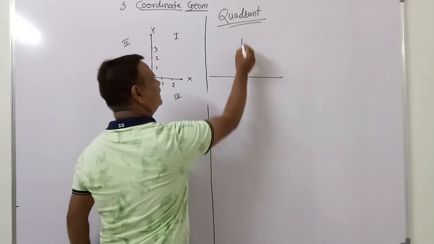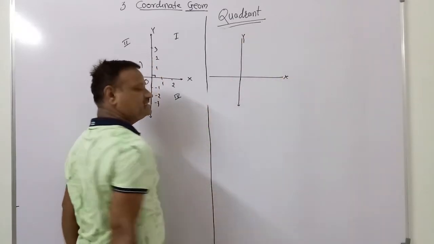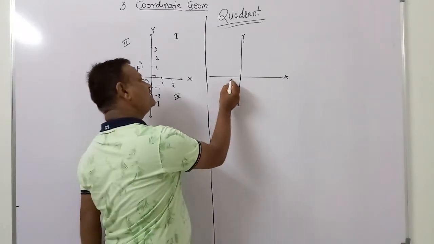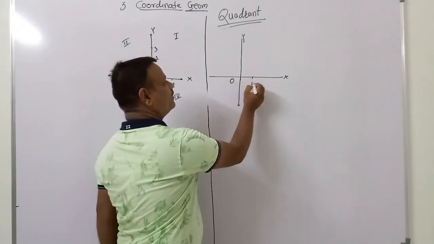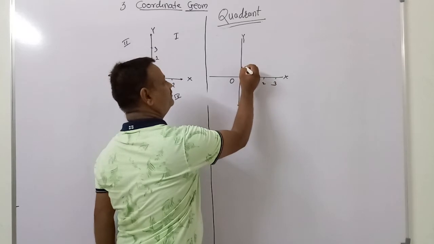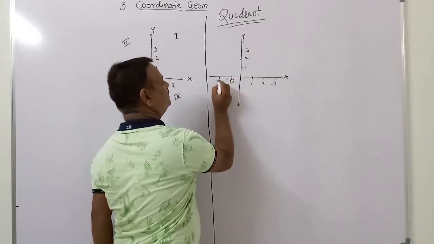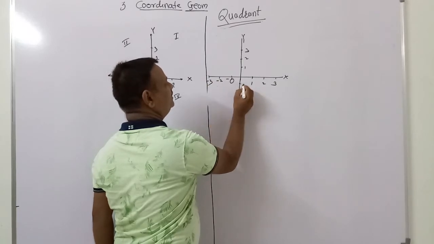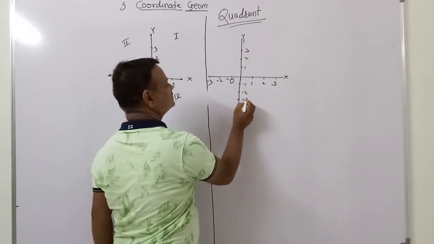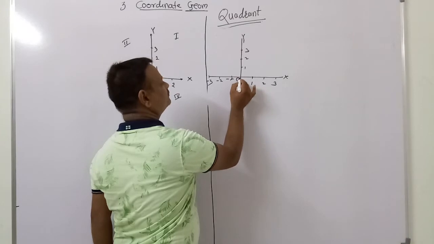This is your y-axis, this is x-axis. Both intersect each other here. Now here 1, 2, 3, 1, 2, 3 like this. Minus 1, minus 2, minus 3, minus 1, minus 2, minus 3. This is your 0 coordinate.